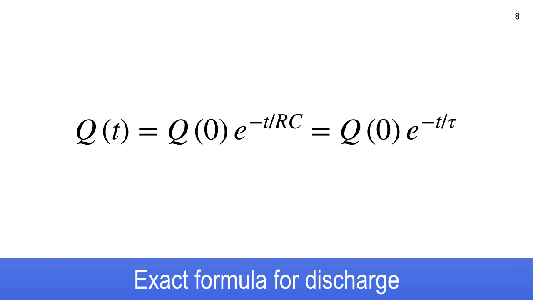Just as a reminder, here's the exact formula for discharge. We talked about this last time. The time constant tau, we didn't really talk about it too much, but we will have reason to talk about time constants and actually frequencies in chapter 23. I'm trotting you through this stuff to give you just a little flavor of chapter 23 for after exam 2. So these are exponential.